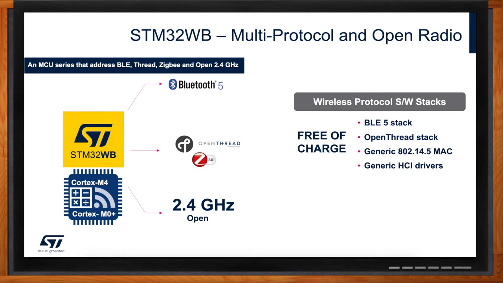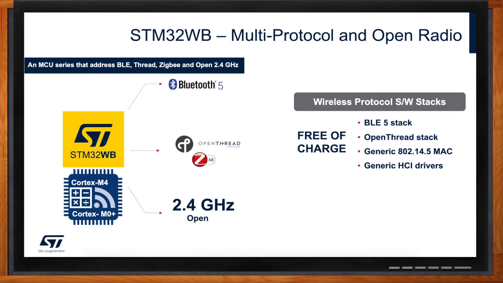So on the same device, on the same die or same silicon, you are going to have the application controller, the software stack, the radio, all running under the same hood. And what is good with us is that we provide those software stacks free of charge. So many of them are provided already out of the box.